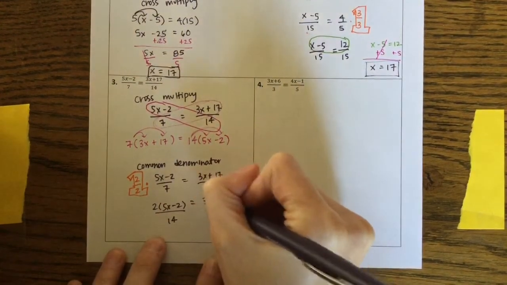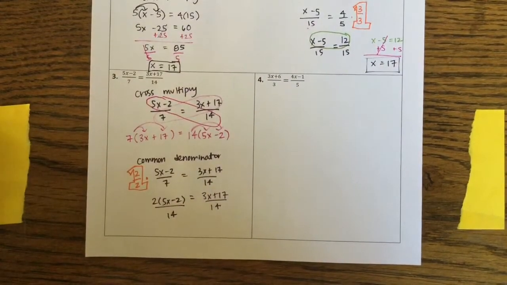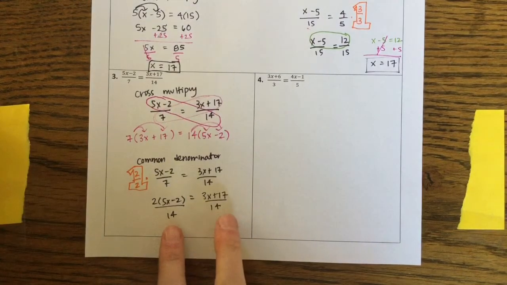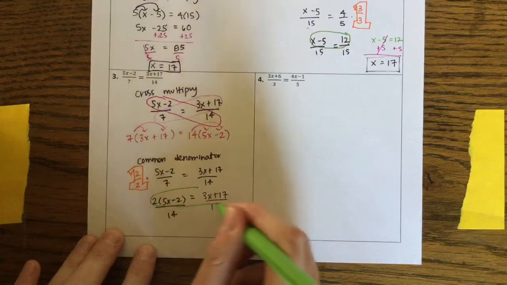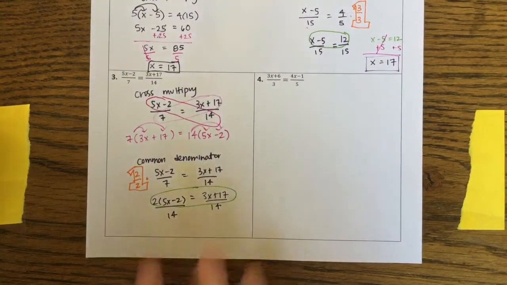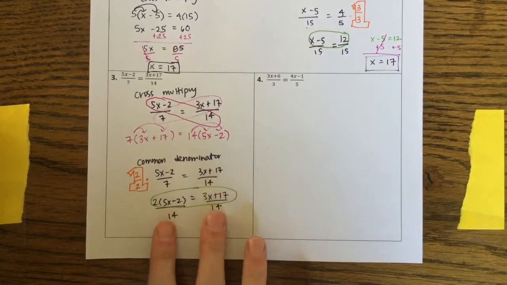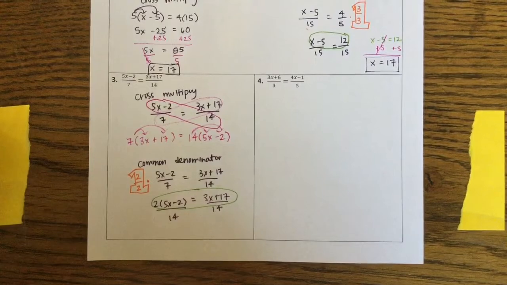And then the other fraction, still (3x plus 17) over 14. So right now, we've got two equal fractions with equal denominators, so the numerators have to be equal. Logically, that's the only way that this is truly an equation where one fraction equals the other.